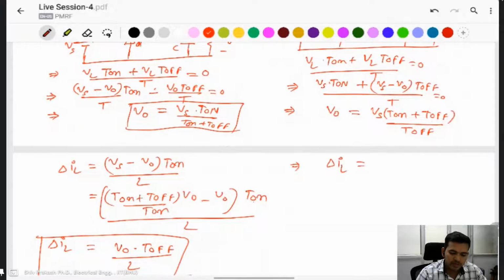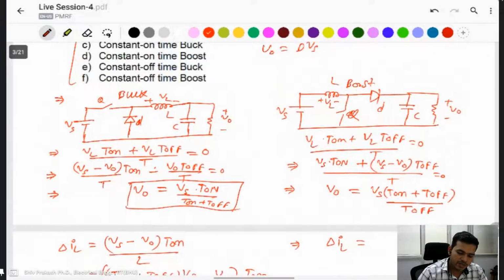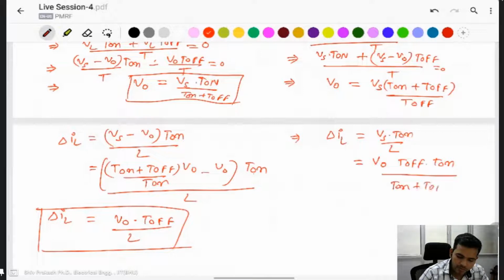Delta IL: if the switch is on, then current will increase here, then voltage Vs is up here, then Vs into T on divided by L. You replace the Vs here, then you find V naught T off into T on divided by T on plus T off, divided by L. This one is for the boost converter ripple current.